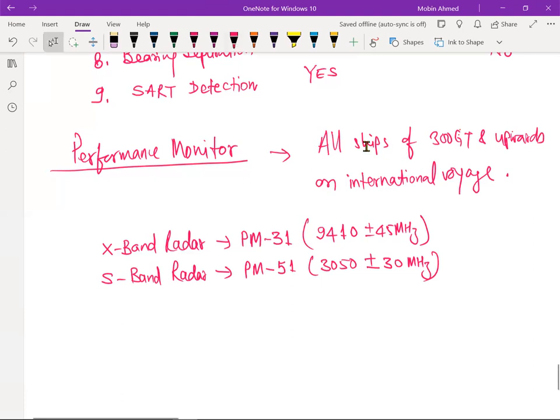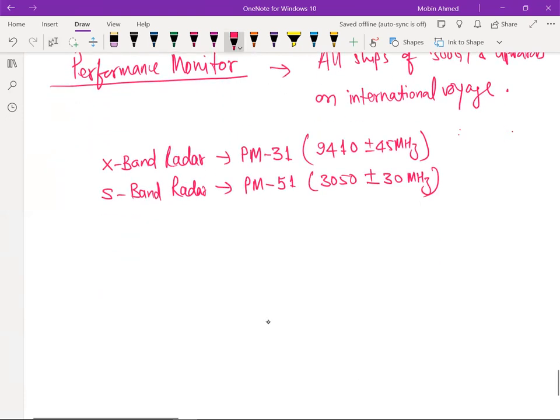Now what it is doing, basically, we want to know that our system is working correctly or not. So when we switch on this performance monitor from the display unit, there is a button given. PM is performance monitor.